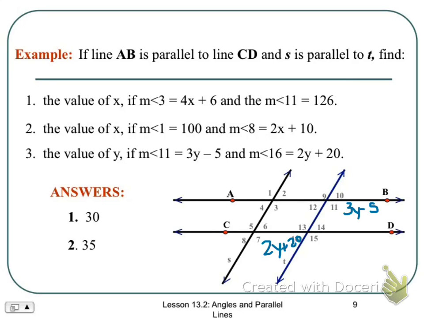What is true about these two angles? Well, we know that angle 12 and angle 11 are supplementary, right? So that they add up to be 180. And 12 and 16 are corresponding and equal to each other. So that means that 2y plus 20 plus 3y minus 5 must equal 180.